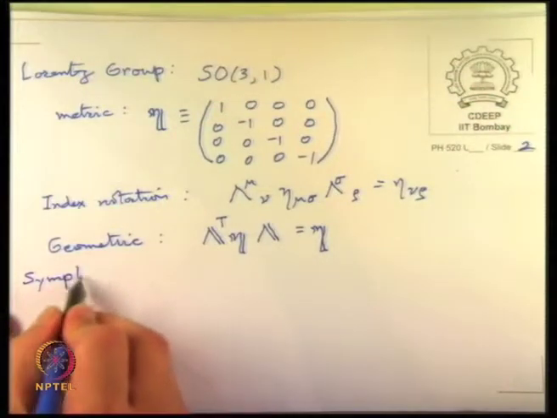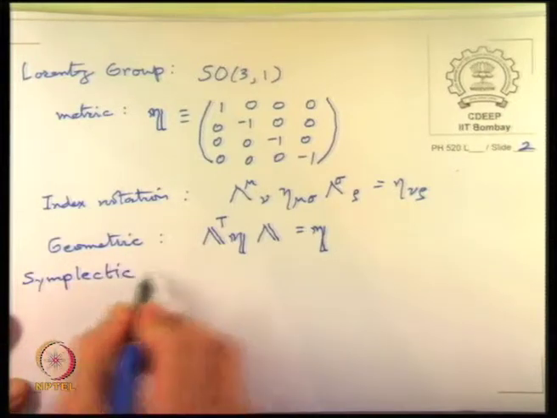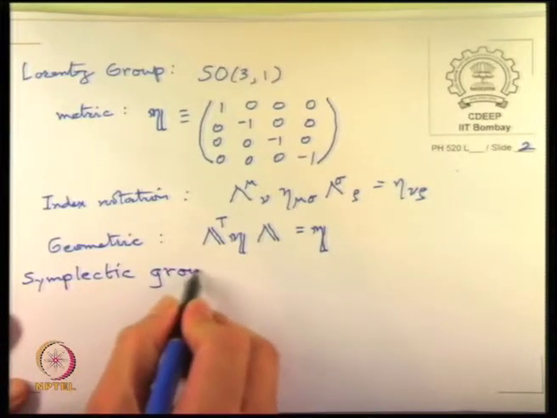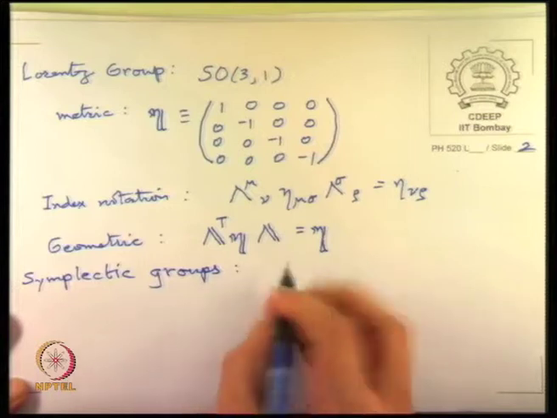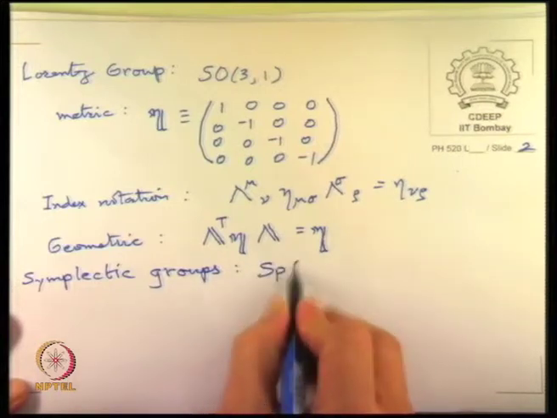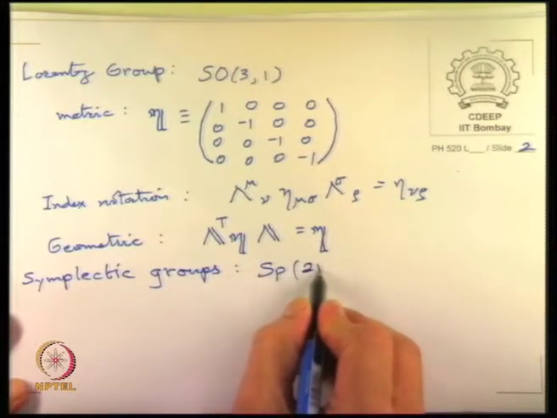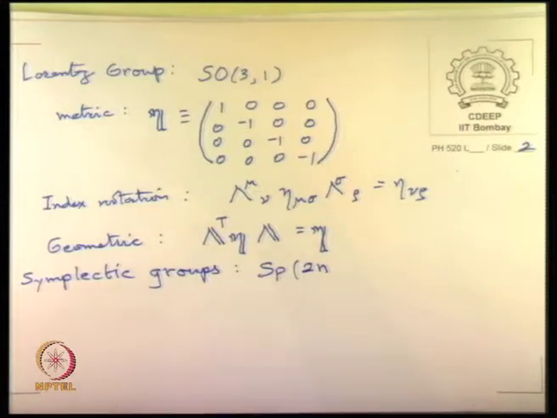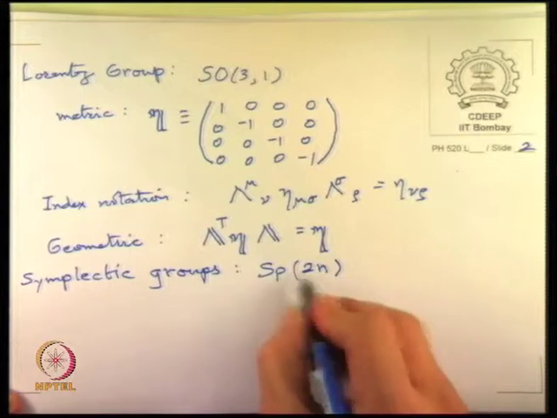And finally we did the symplectic groups, which were Sp(2N), and I think I didn't write any R or C in it. We just call it Sp(2N) for the time being.